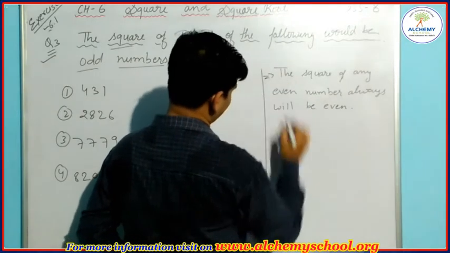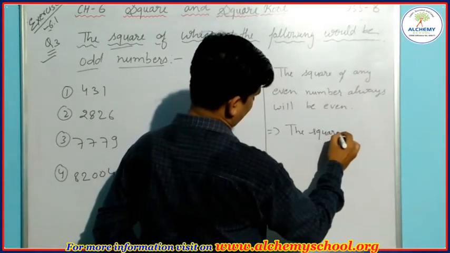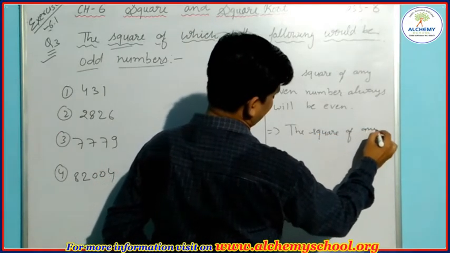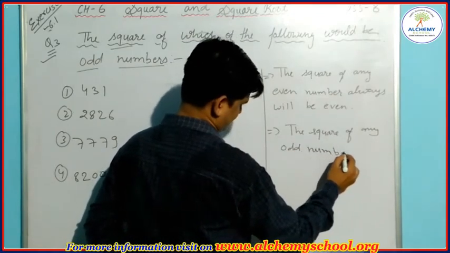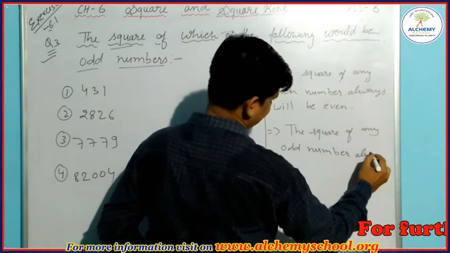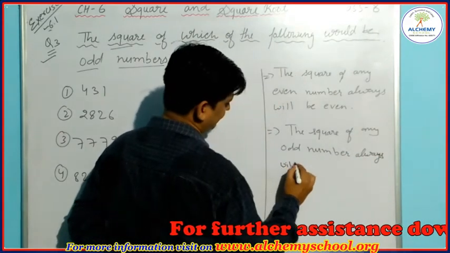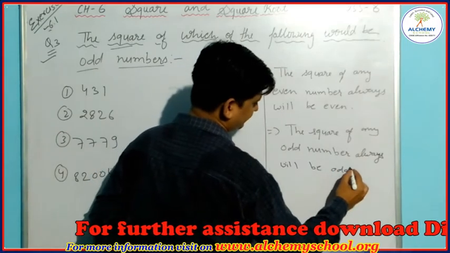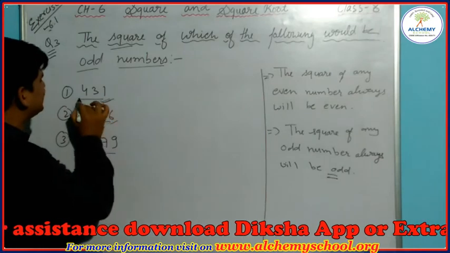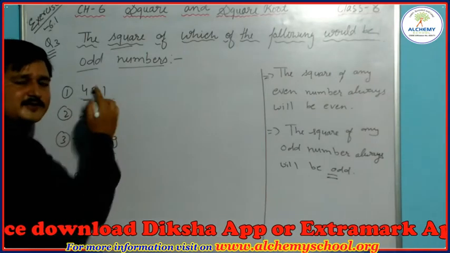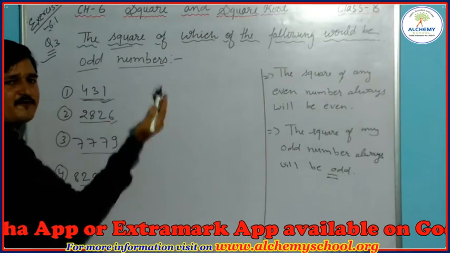The same way, the square of any odd number will always be odd. Okay, so by observing these given numbers, we can easily find that this is 431 and 431 is an odd number. Okay, so it will be the square of an odd number.